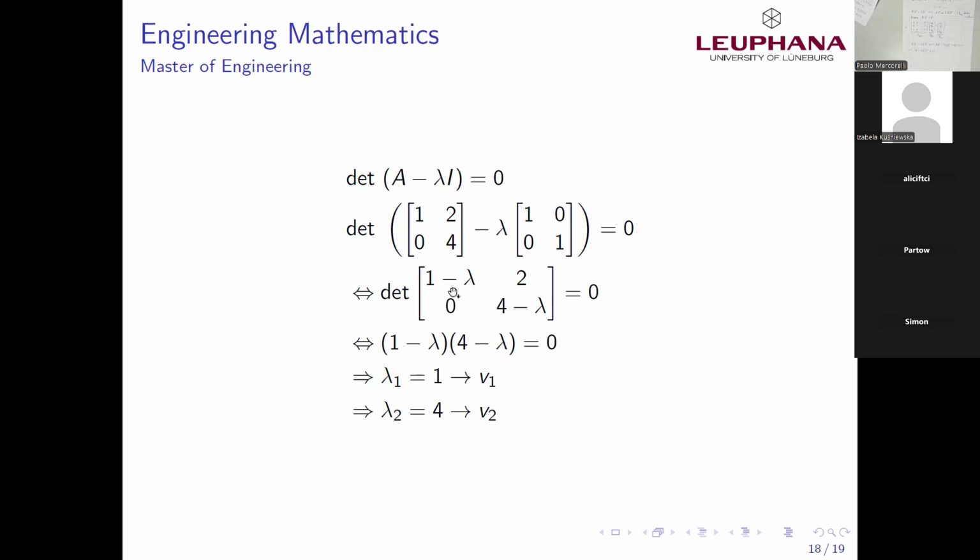The determinant of this, we know, is the product of the diagonal elements minus the product of the non-diagonal elements. This means 1 minus lambda, which multiplies 4 minus lambda, minus 2 multiplied by 0. I didn't put 2 multiplied by 0, because it's 0. I don't know if it's clear. This element multiplied by this element minus 2 multiplied by 0. At the end, I have this expression.